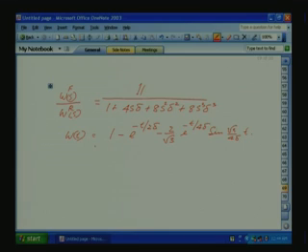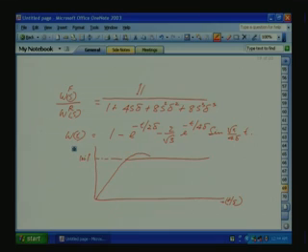So, if you plot the response, let us take t by delta as the x axis. This is our 100%, and the response will come within 2% of our final value.